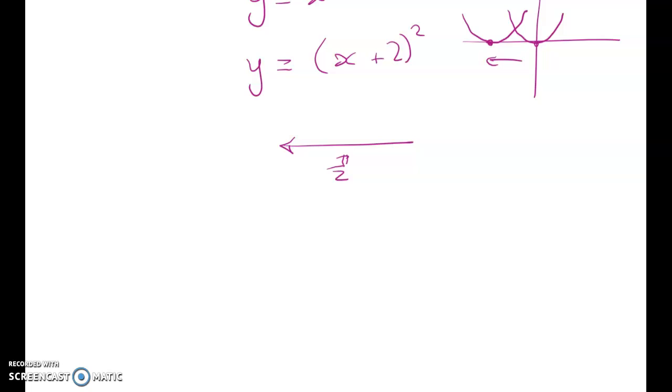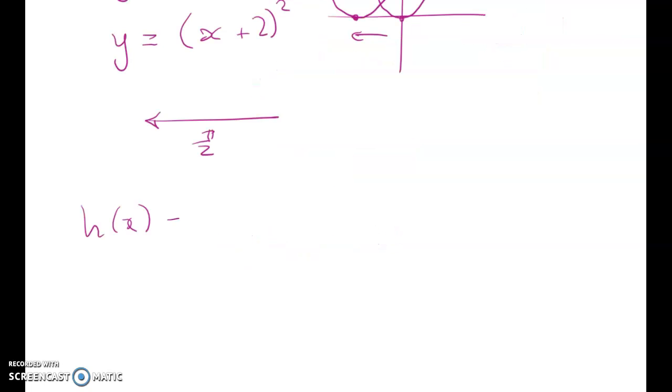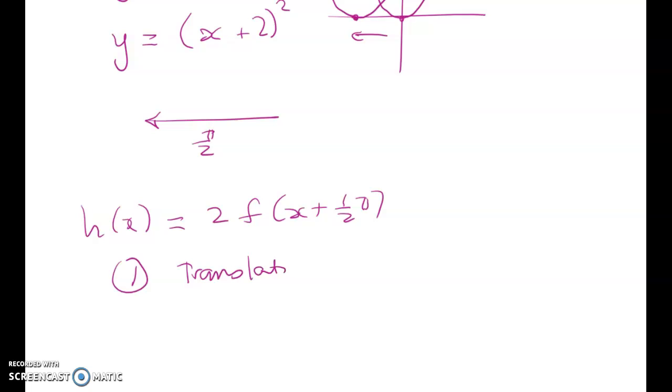So when I'm working with h of x is equal to 2 times f of (x plus 1/2 pi), the first thing that's happening here is that we have got a translation of f of x by this vector, negative pi on 2, 0.